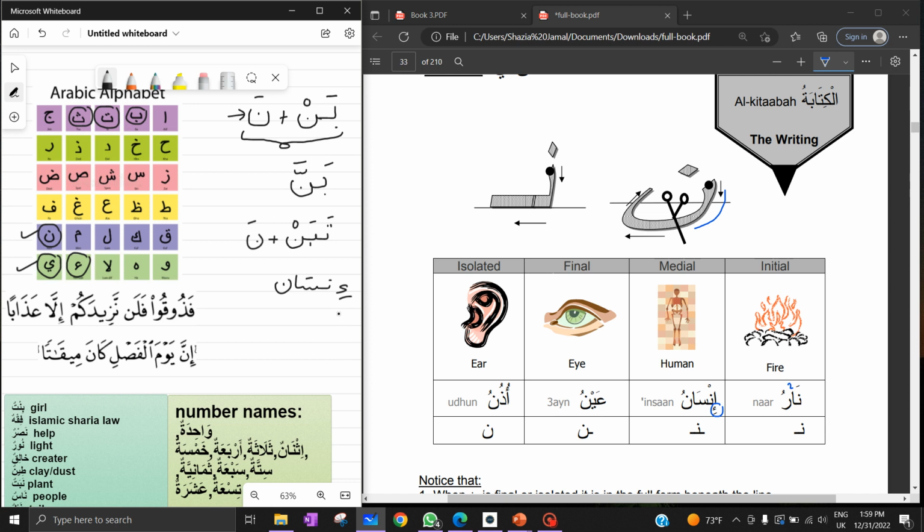Then what you do, you put a seat. Hamza usually comes with a seat. In case of Fatha, the Hamza comes above Alif with a Fatha. In case of Kasra, the Hamza comes below Alif with a Kasra. So when it comes below the Alif, that means it is coming with a kasra.